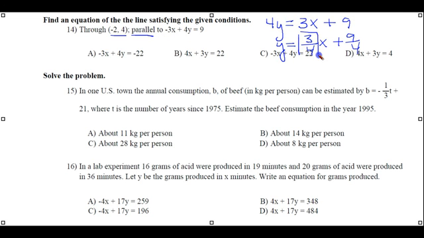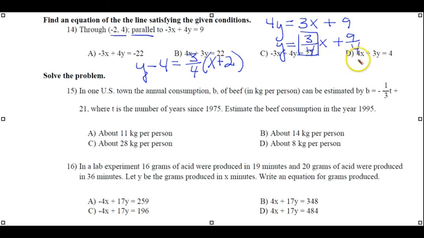I now have my slope. So I'm going to put this information into that point slope form, where I get y minus 4 equals my slope times x minus, now it's minus a -2, so this becomes a +2.